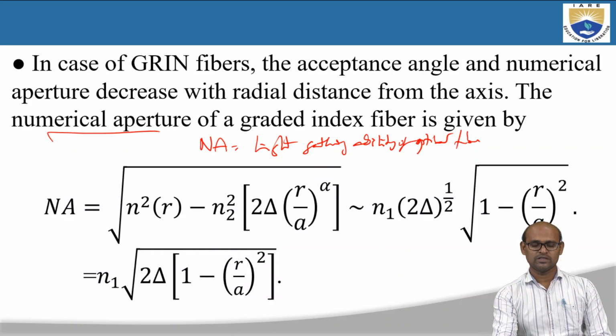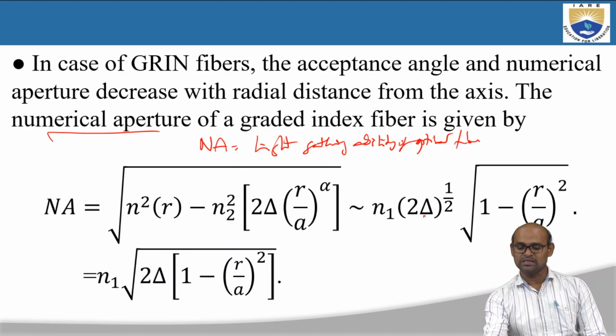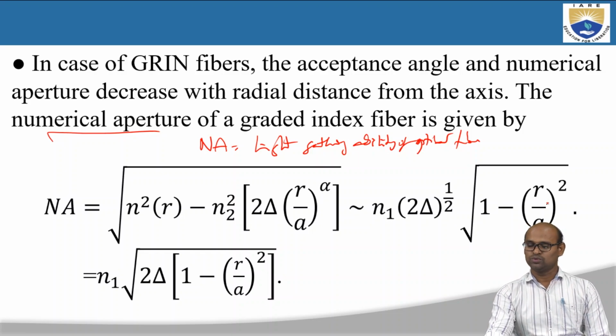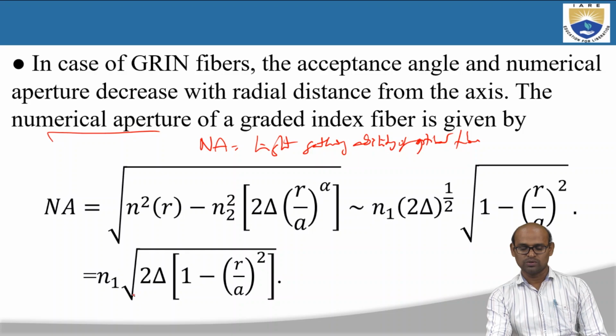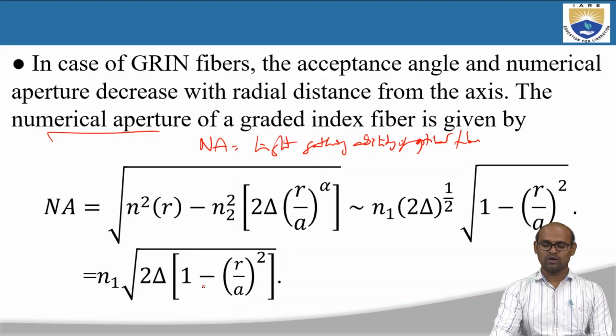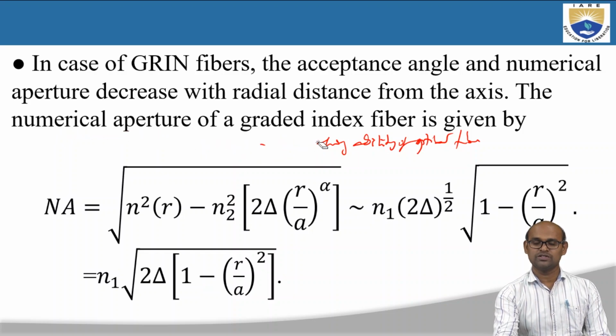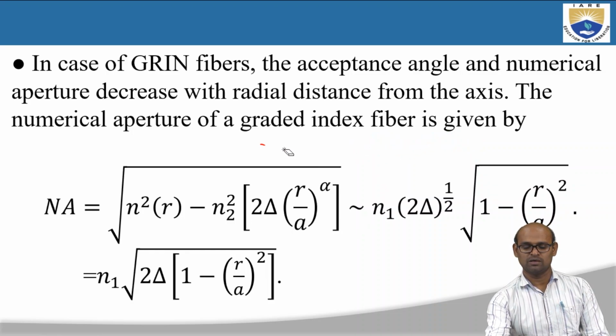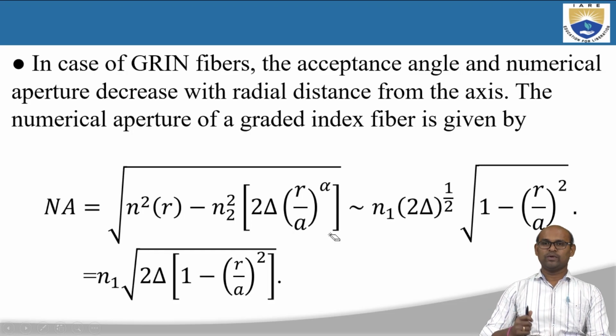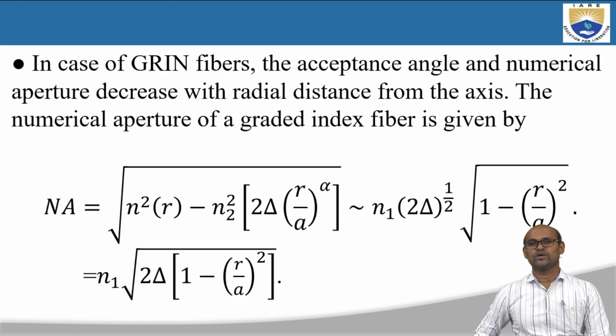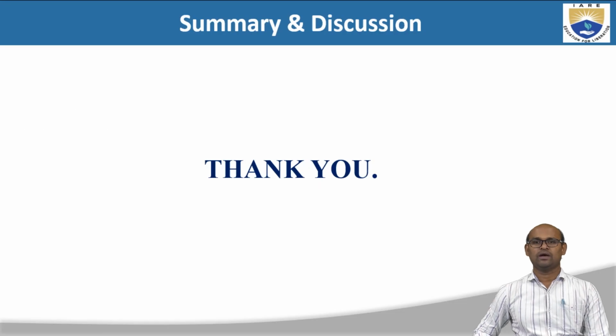Okay, and the numerical aperture of these graded index multimode fibers is given in simplified form as n1 into square root of 2 delta into 1 minus r by a whole squared. So this is the numerical aperture that decreases with the radial distance from the axis. So the numerical aperture is more at the center of the axis, and it decreases as we go away from the axis of this optical fiber.